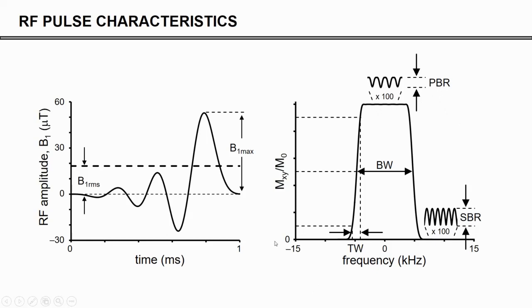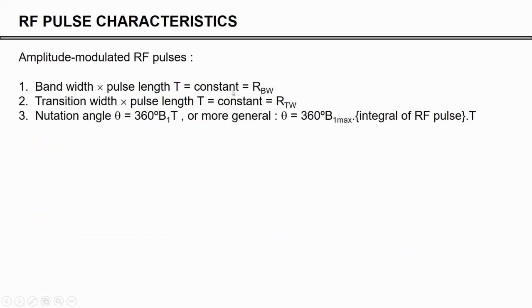Now, on most MRI scanners, they have these parameters stored for the RF pulses that are available on the MR scanner. Typically, the bandwidth times the pulse length is a constant, and for today's video, we'll denote that as an R value, the R value of the bandwidth.